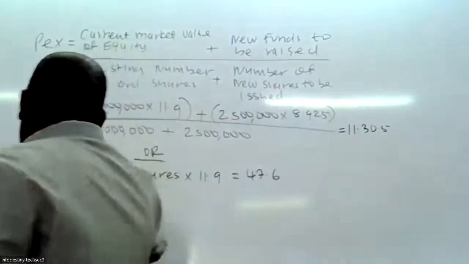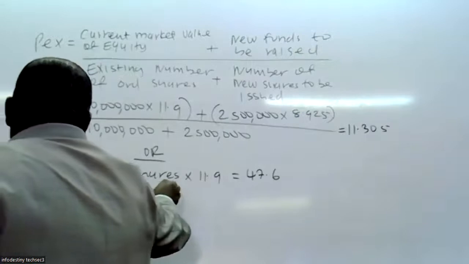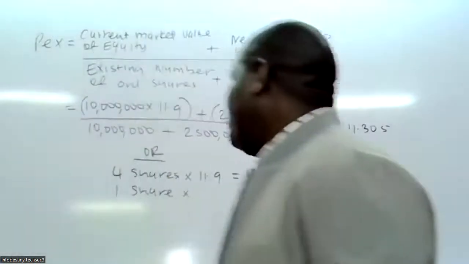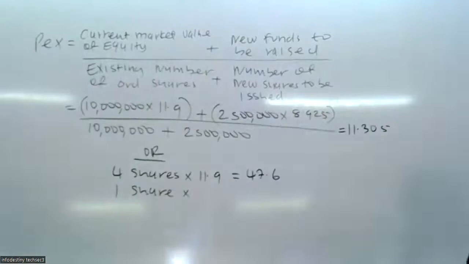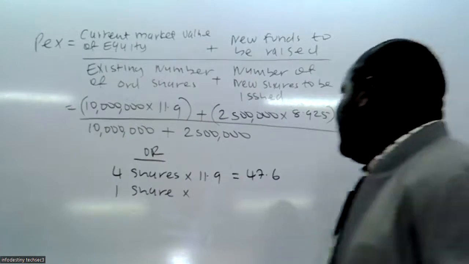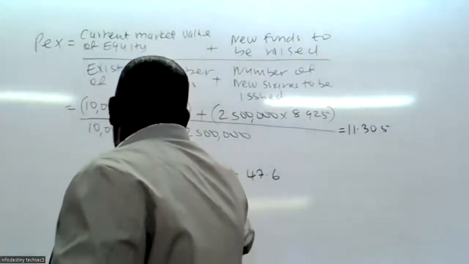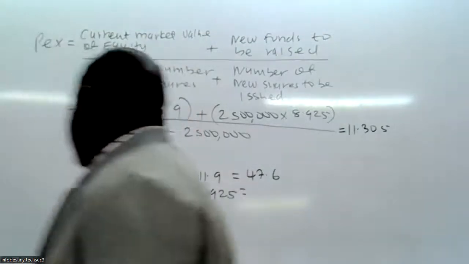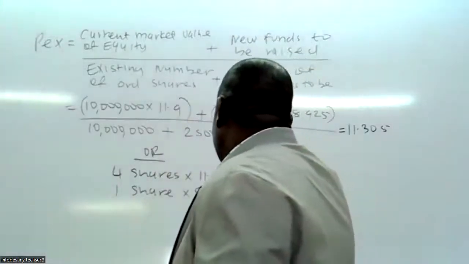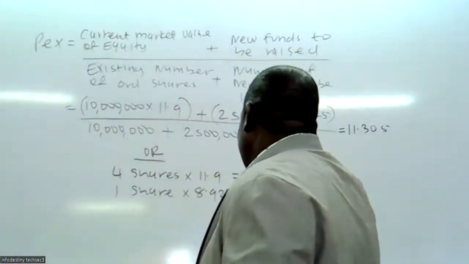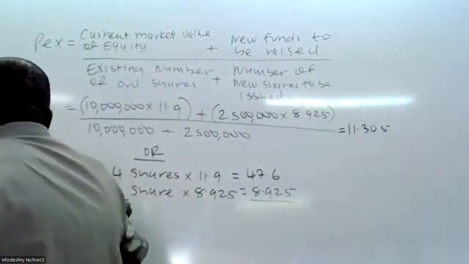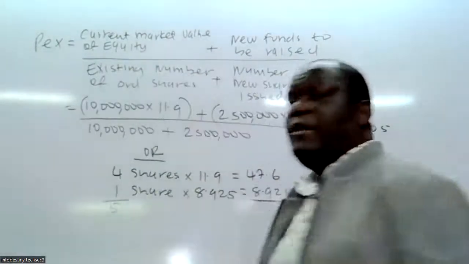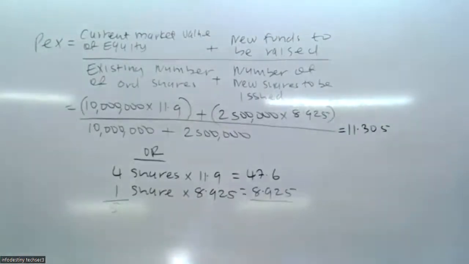When you have 4 shares, you get 1 new share. The 1 new share, we value it at the offer price, 8.925. So we add. This will give you a total of 5 shares.